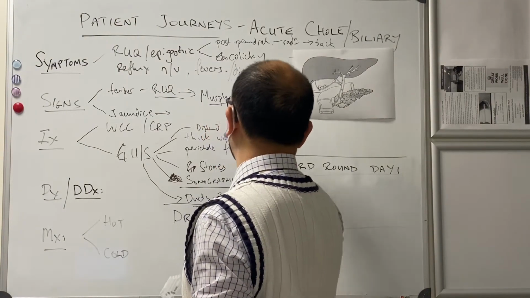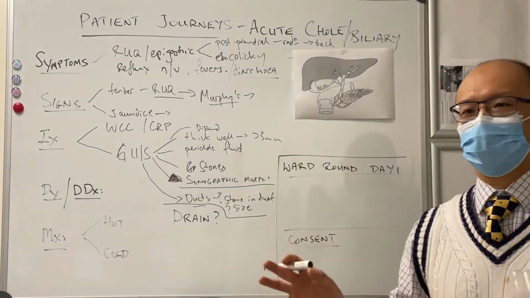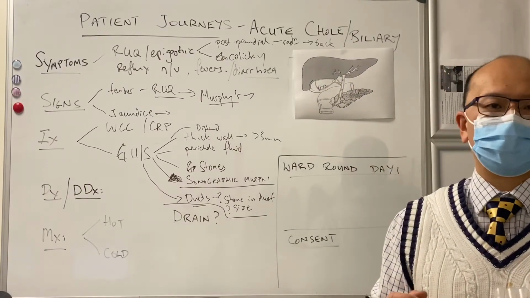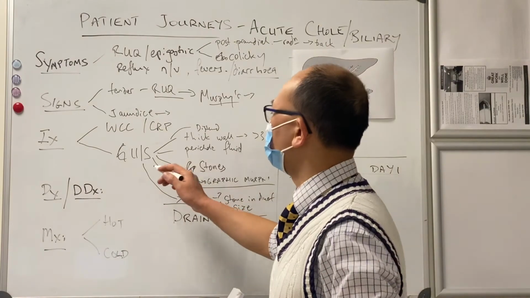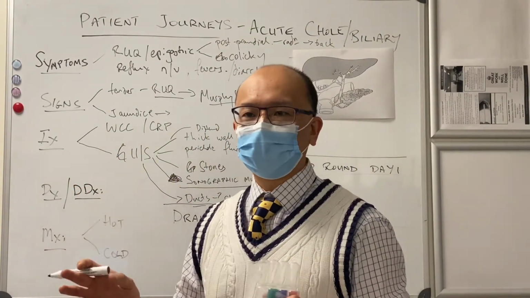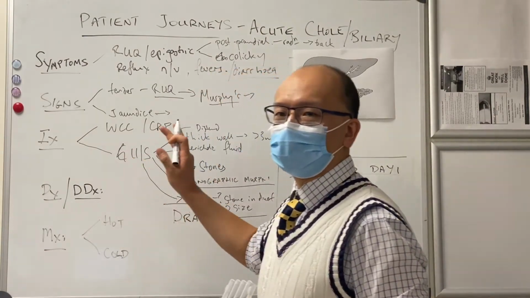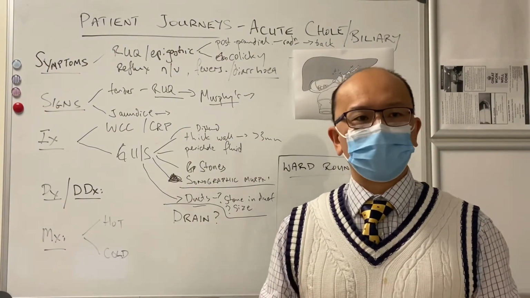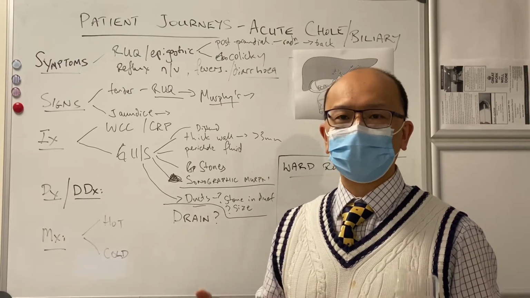Once you've got all that, you can figure out whether they've got acute cholecystitis or whether you're totally off the wrong path and they actually have a peptic ulcer or pancreatitis or something like that. To make sure you don't have some other condition, you do a lipase and amylase. Very commonly, someone with acute cholecystitis will have normal or close to normal LFTs and a normal amylase and lipase.